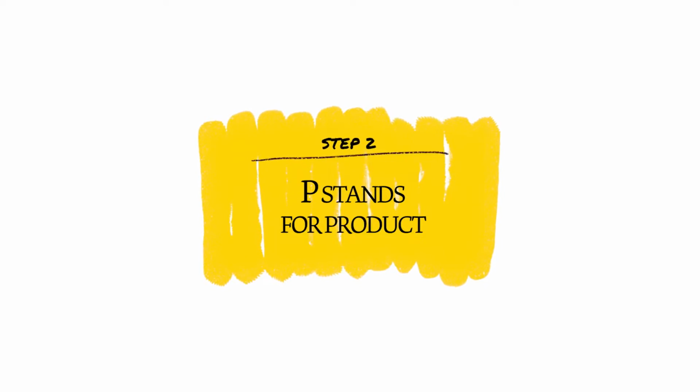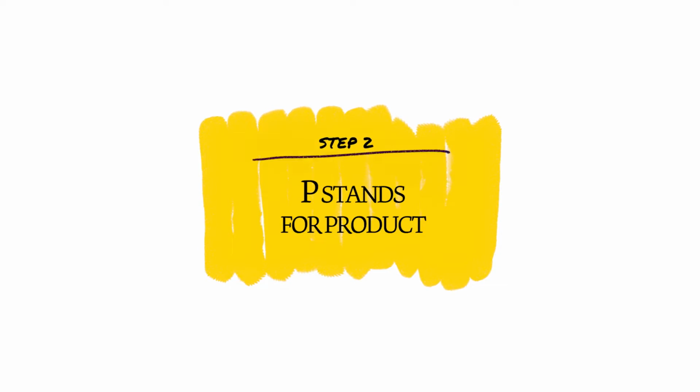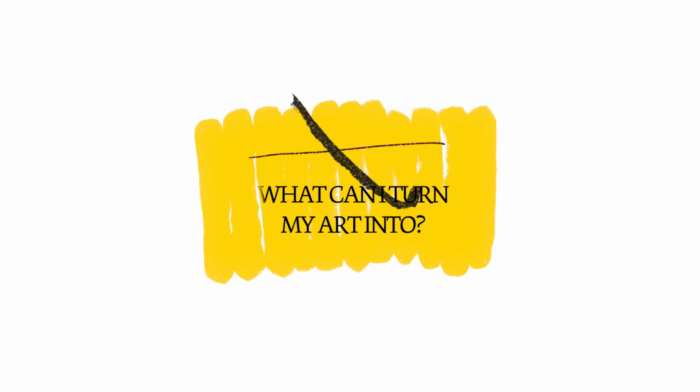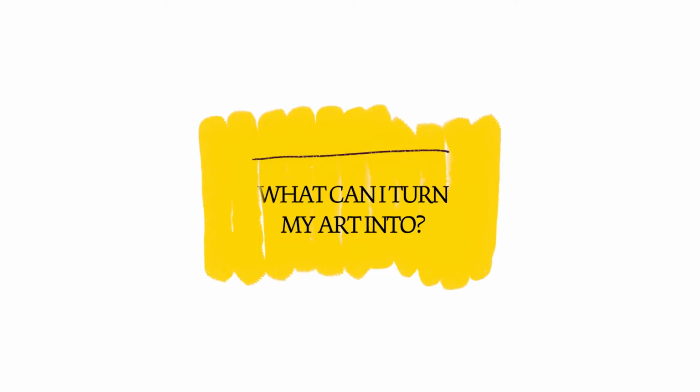Step 2, P in the appeals stands for product. Now it goes product and then presentation. And the reason that I put product before presentation is because you want to think about what can I turn my art into? So what can I make from my art?